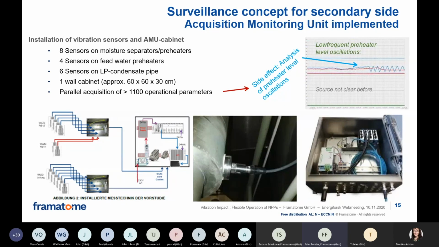In the middle, a photo of a quite simple installation of acceleration sensors on a component, the heat exchanger. And in the upper right corner, you see a small side effect. What you see here is not a vibration, it's more a level oscillation of a preheater, with a long period length of minutes.